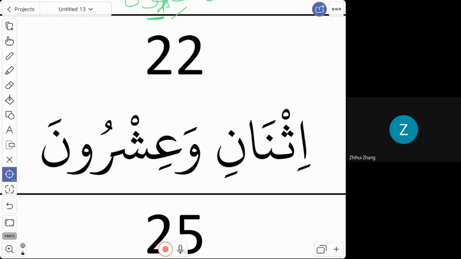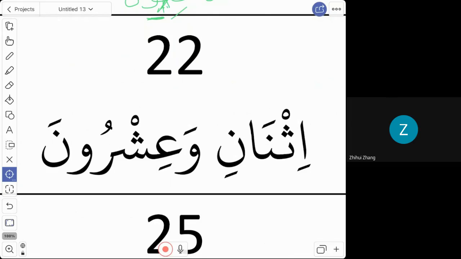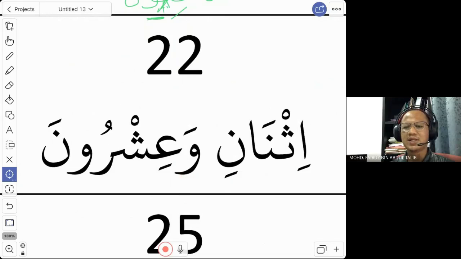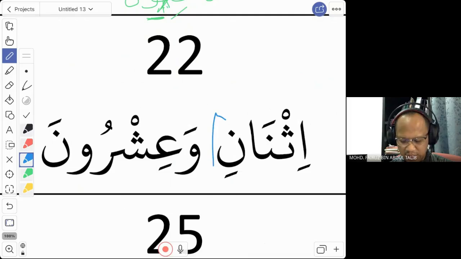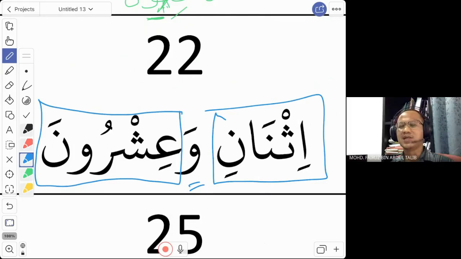So combine the two words. Ithnani wa ishruna. Yes, correct. Again, you start with the number 2 and then followed by the number 20. And of course, do not forget the wa. Ithnani wa ishrun.